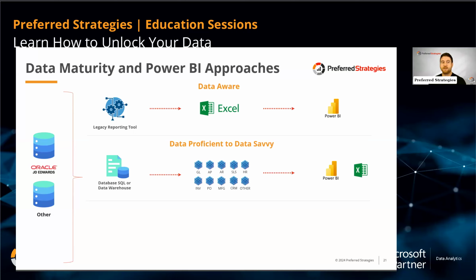So you can create some data models for each business area, is what we typically see, otherwise known as data marts. And so you may have a data set for GL or AP and AR. You might have one for sales and to support your manufacturing or your CRM system.